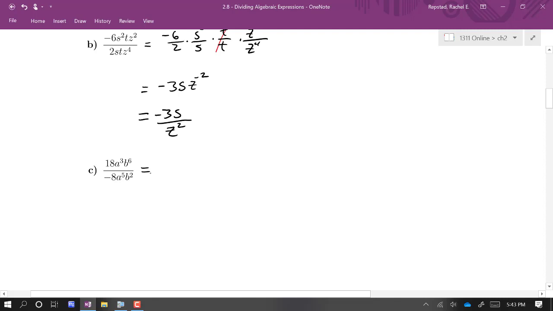Alright, in this next example, I got a similar situation here. Now 18 doesn't go directly into 8, or 8 doesn't go into 18 rather. So what I'm going to do is just factor these. So 18 is 2 times 9, or 2 times 3 squared. I've got a cubed, b to the 6.